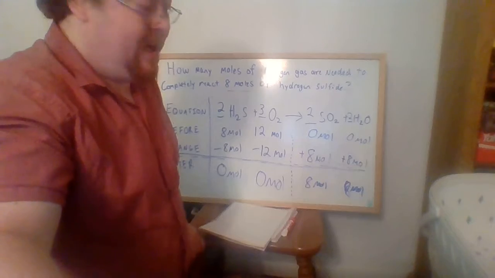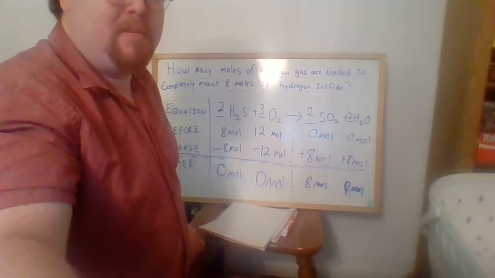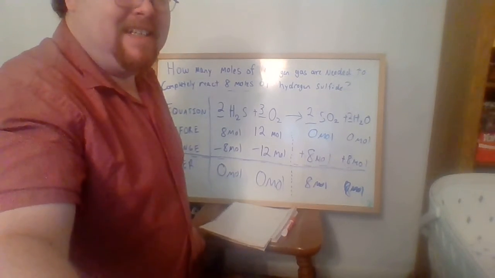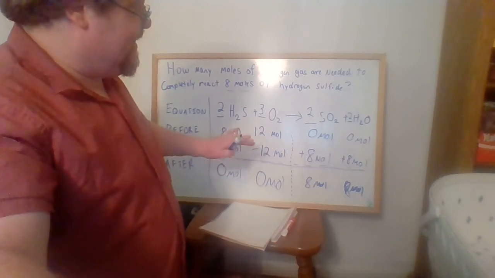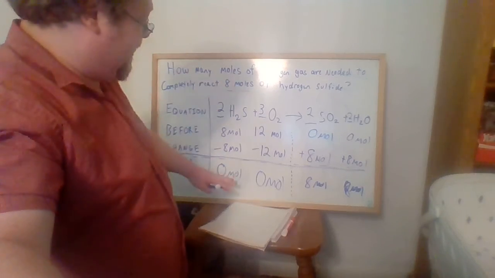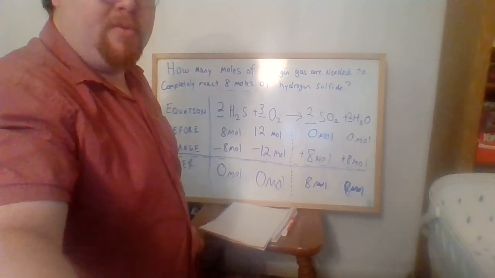You don't have to do this every time, but if it works for you to keep track of it like this, by all means, please use every tool at your disposal. One of the biggest problems people can have in stoichiometry is that it's easy to get mixed up. So sometimes just laying it all out like this first can help make the rest of the problem easier to solve.